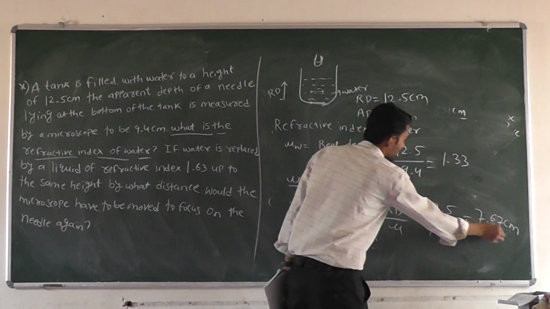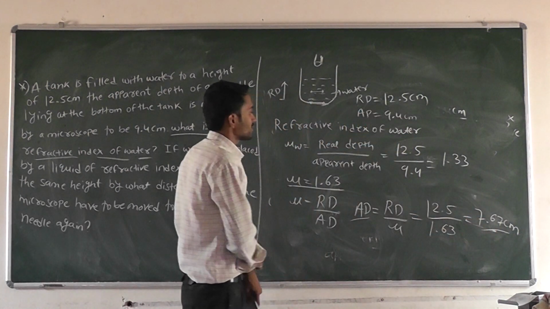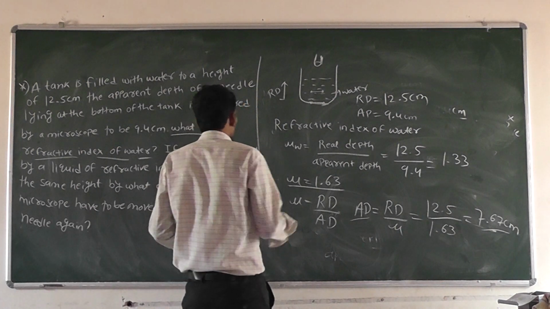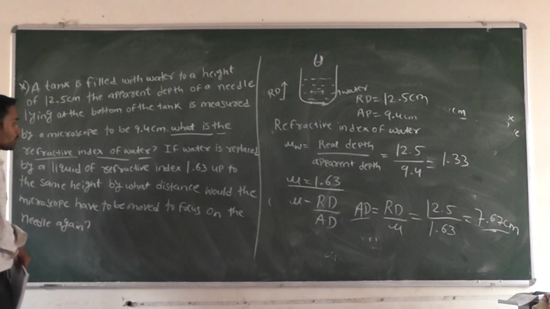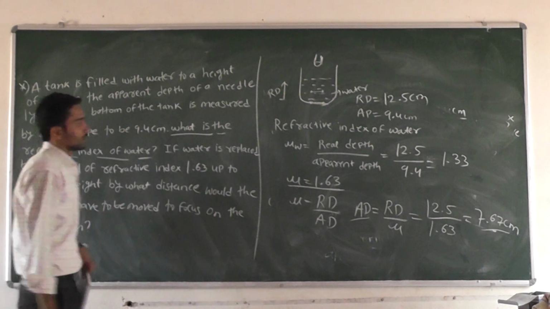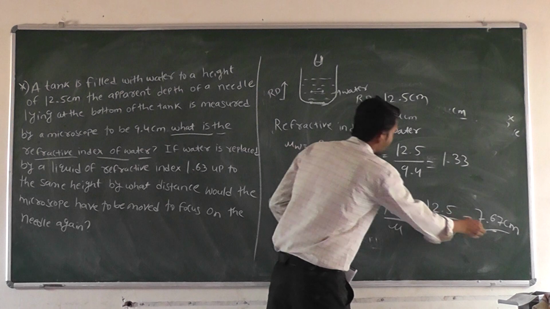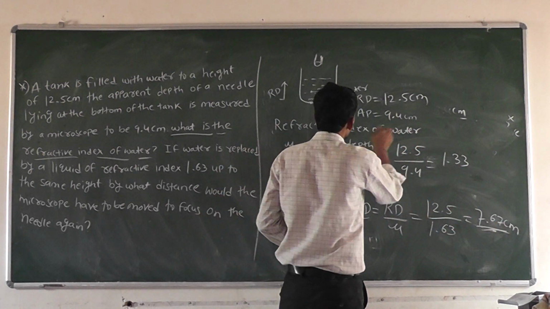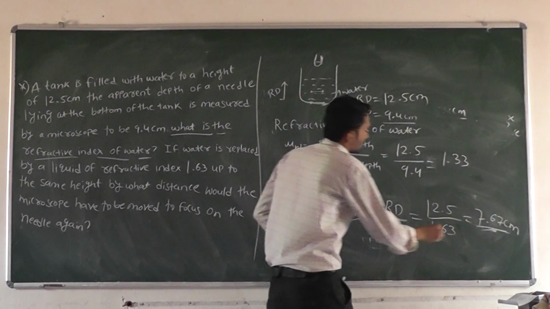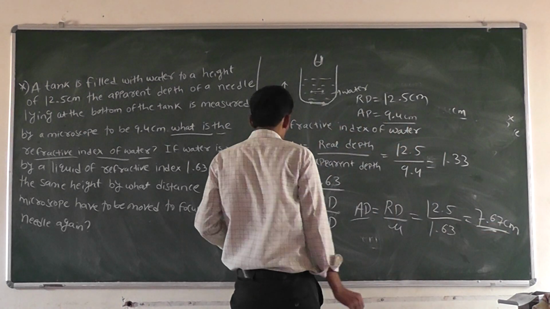The new apparent depth will be 7.67 centimeter. Finally, we have to find out whether the microscope has to be moved to focus on the needle again. There are two different apparent depths. The first apparent depth is 9.4. The second apparent depth is 7.67.